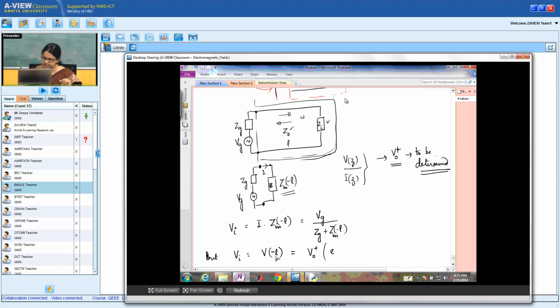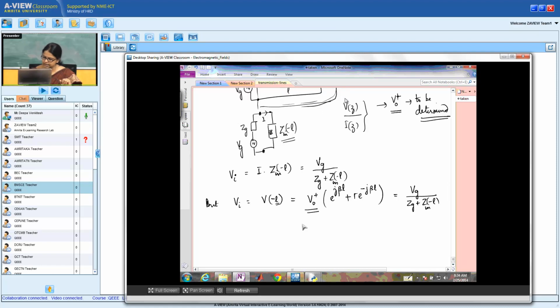Instead of z you put minus L, so this would be e power plus j beta L plus gamma e power minus j beta L. This is Vg over Zg plus Zin at minus L. So this is helping us to calculate, because we know what is beta, what is L, we know what is Zg, we know what is Zin, we know what is Vg, the applied voltage.